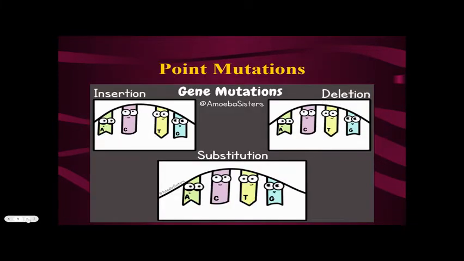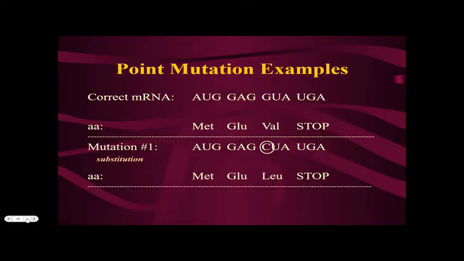So here's just showing the three main point mutations: insertion, deletion, and substitution. Here's an example showing what the correct mRNA should read, and then what the amino acids are based on that mRNA. It's then showing a substitution mutation.